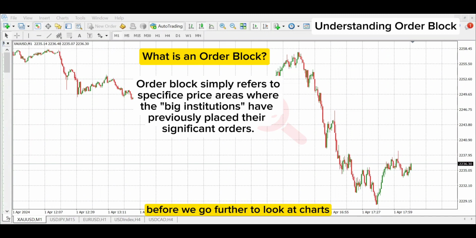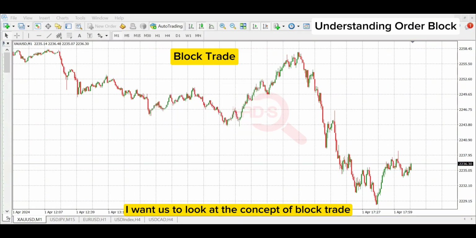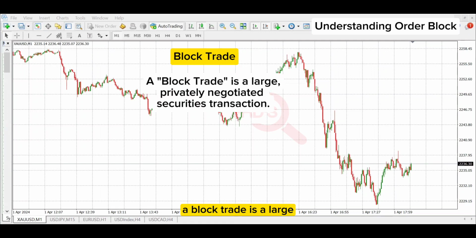Before we go further to look at charts, to know how we can identify where the big institutions are trading, I want us to look at the concept of block trade. A block trade is a large, privately negotiated securities transaction.